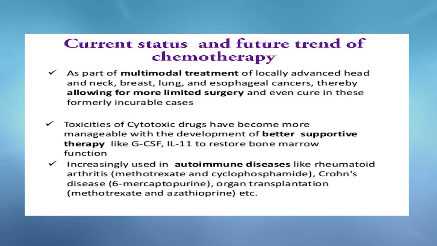And thank God, the toxicity of chemotherapy became more manageable. In the past, cisplatin, when it was discovered in the 60s, was held for more than a decade because there was no effective medicine for nausea and vomiting.